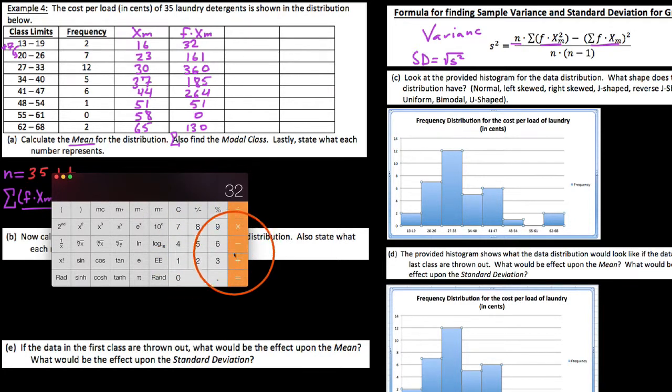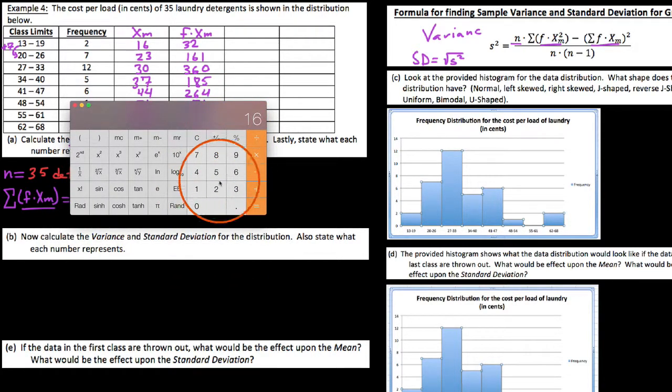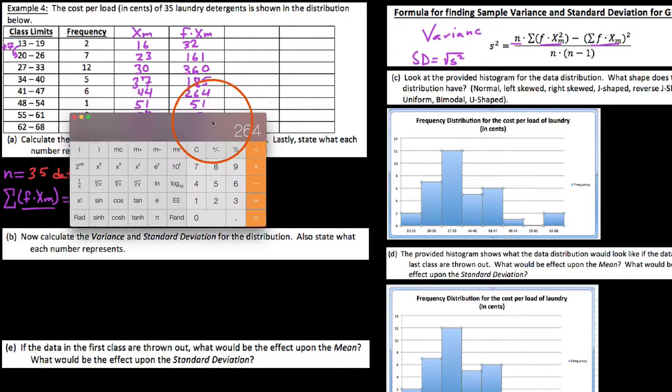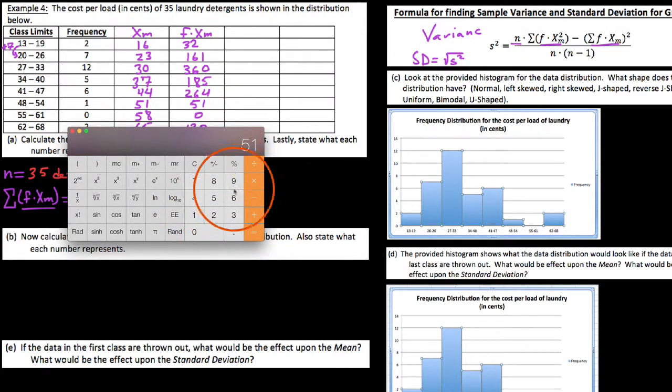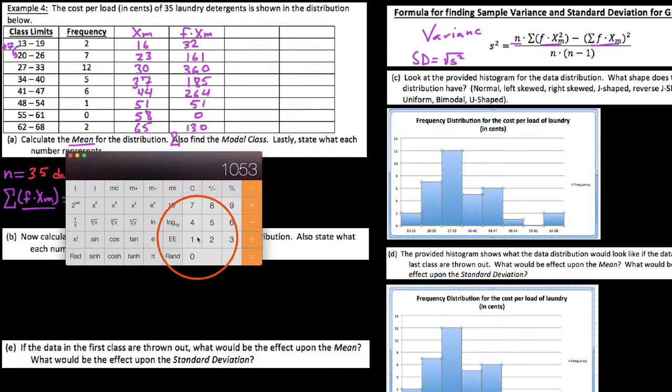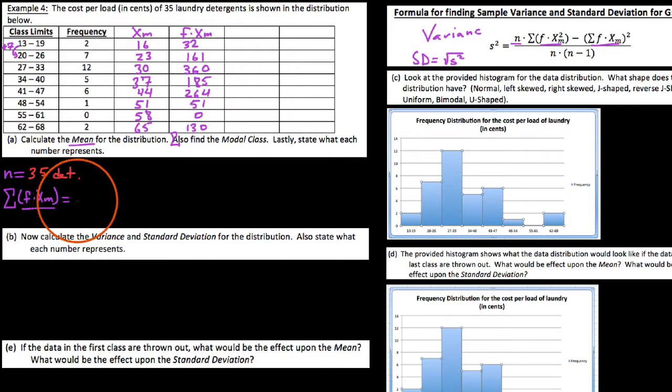We have 32 plus 161 plus 360, I was going a little too fast there, plus 185 plus 264 plus 51 plus 0 plus 130. So those all sum up to 1183. So we're going to write that sum here. We say 1183 cents total. This is how many total cents.